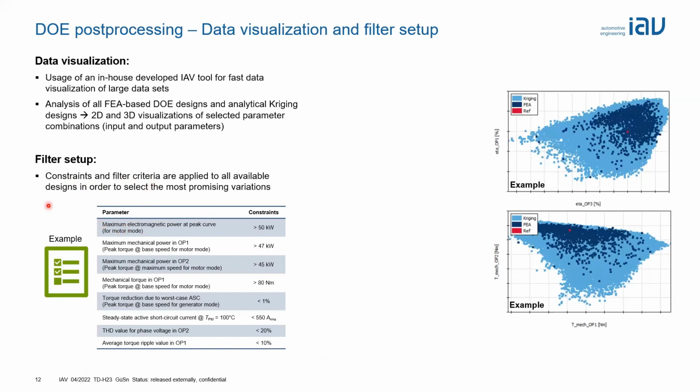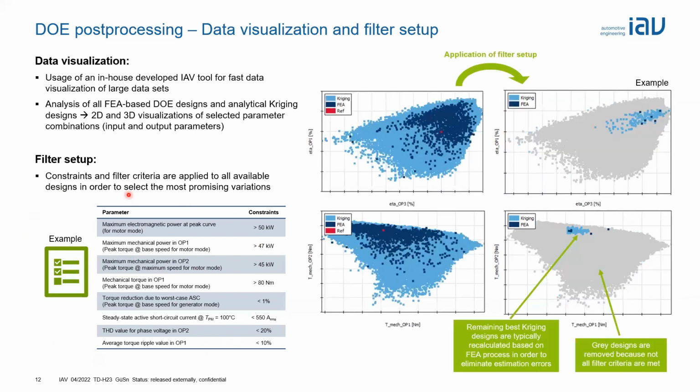Here below you see an example where we have defined several constraints, and also you see here the corresponding numbers. And based on such a filter setup, it is possible to reduce the number of viable solutions.